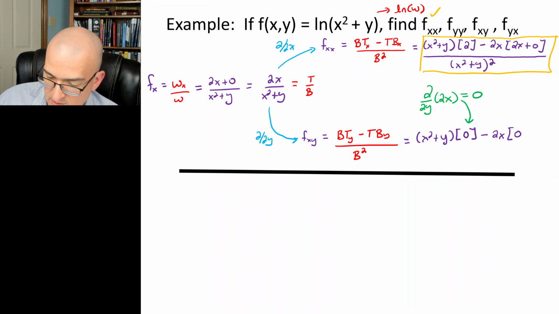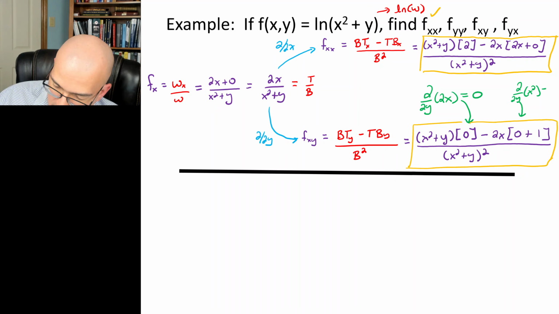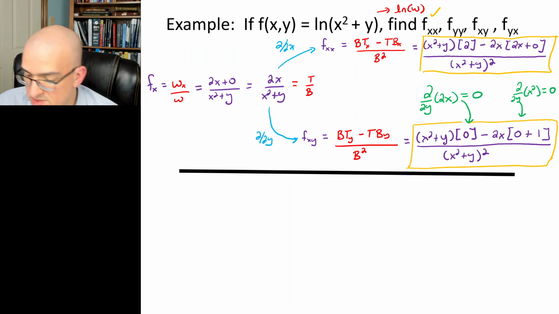Derivative of y is 1. All divided by the bottom squared, x squared plus y all squared. Now I'll leave that alone. I won't simplify it. Although I should add a little comment here that di by dy of x squared is equal to 0. That's where that 0 came from.